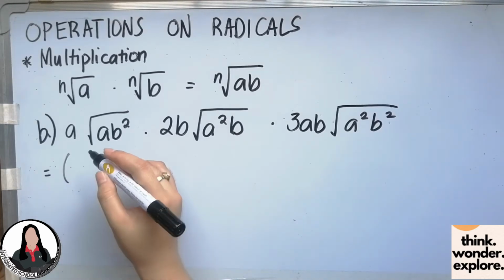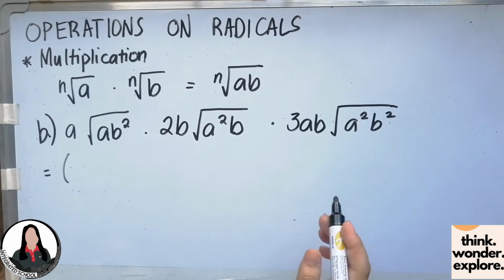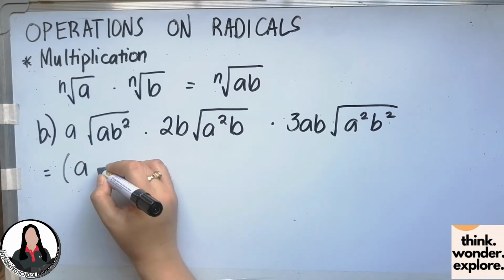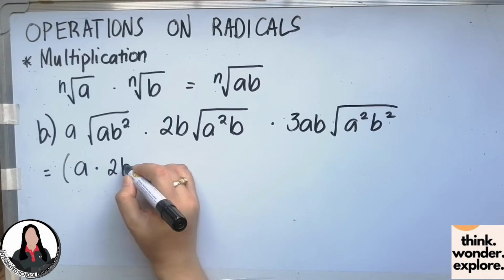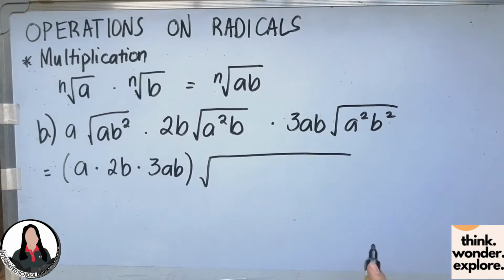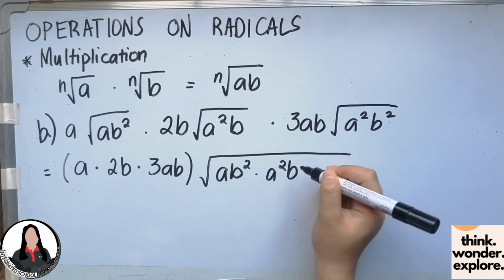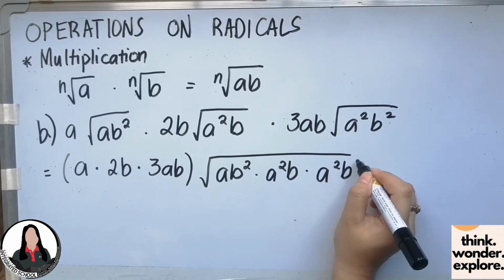Okay. So, sa unang parenthesis, pagkasama-samahin ko ang tatlong numerical coefficients. That's A multiplied by 2B multiplied by 3AB. And then, we multiply the values inside the radical expressions. We have AB squared multiplied by A squared B multiplied by A squared B squared.